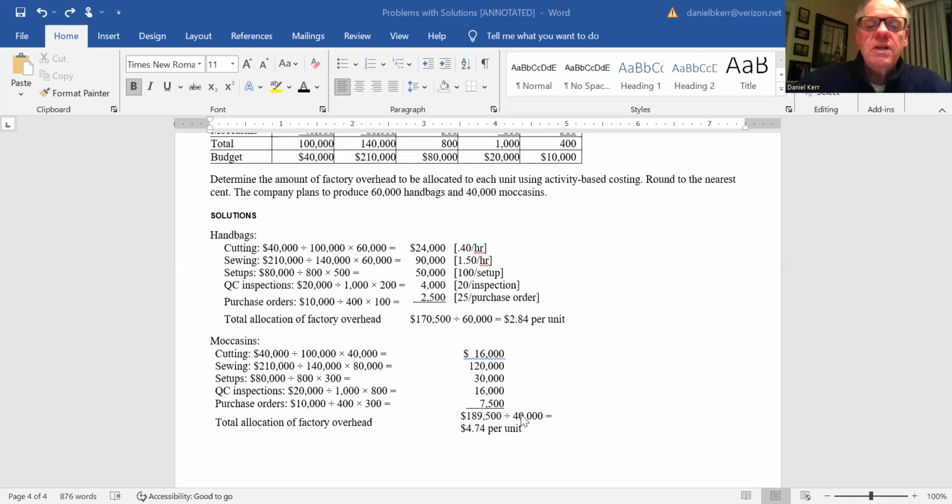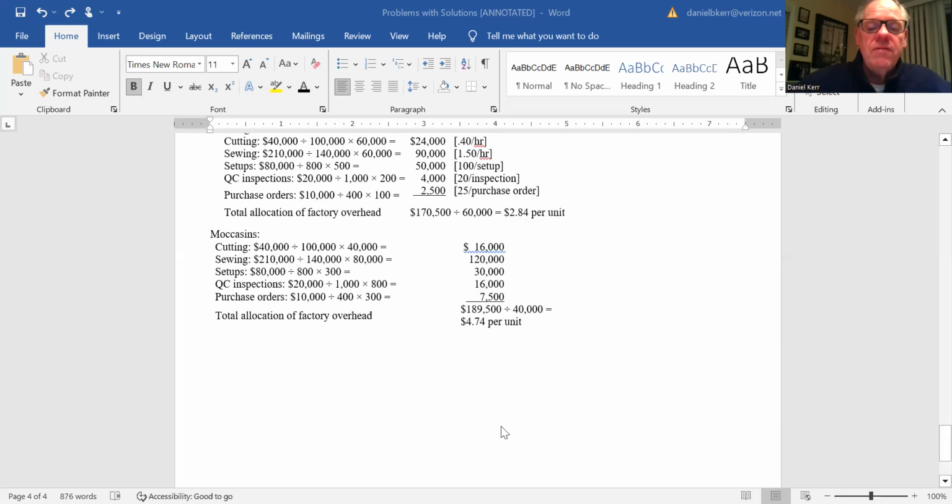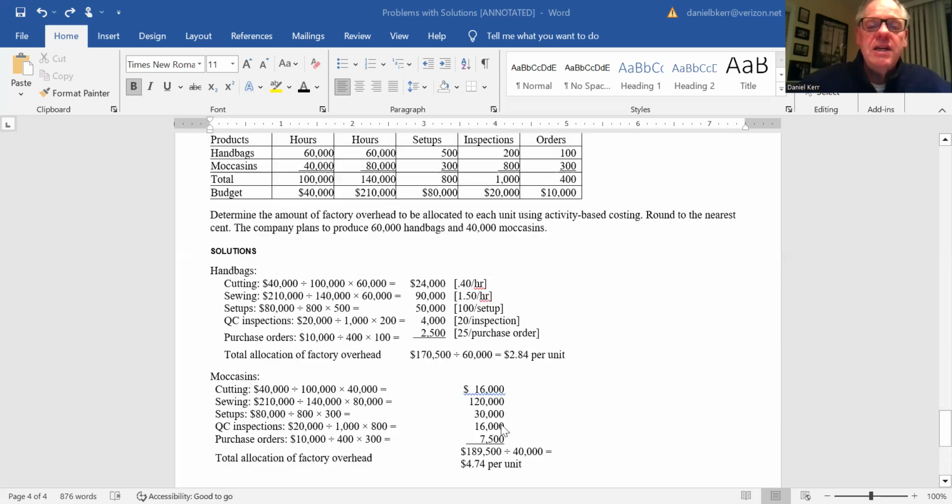So those of you who screwed this up, where you made a mistake was either you had the number of units wrong, or you used the wrong rate. But here is your total overhead allocated to 60,000 handbags, gives you 284. Total overhead allocated to 40,000 moccasins gives you 474. Okay, so that's it.